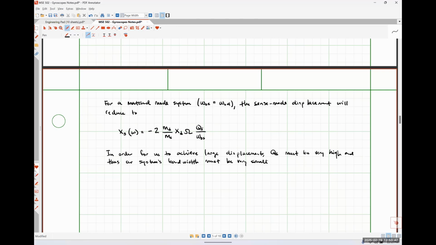Another downside of this particular method is that in order to get perfectly matched modes, it is likely going to require physical trimming, which is a costly procedure, to make these resonant frequencies identical.